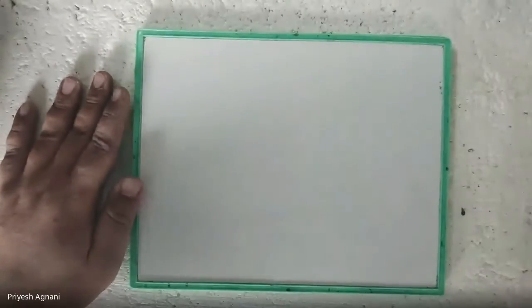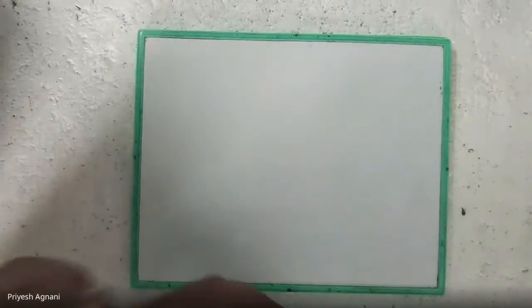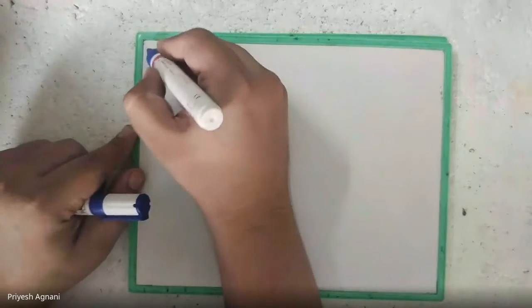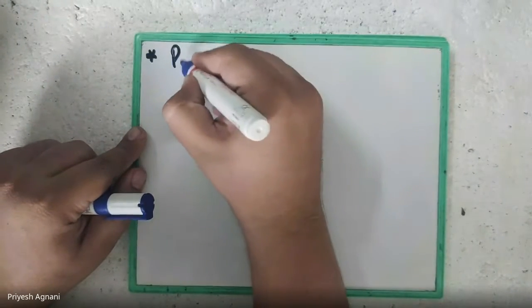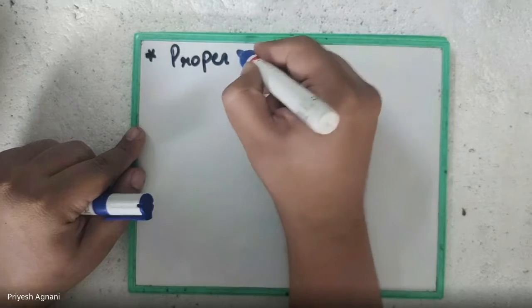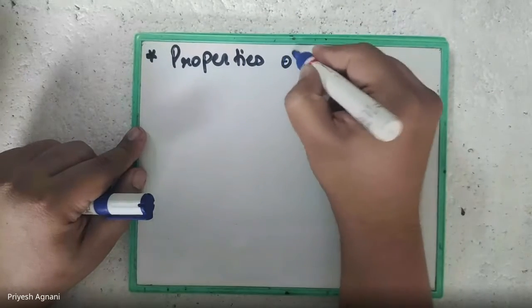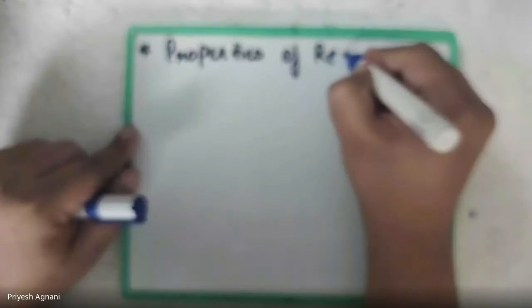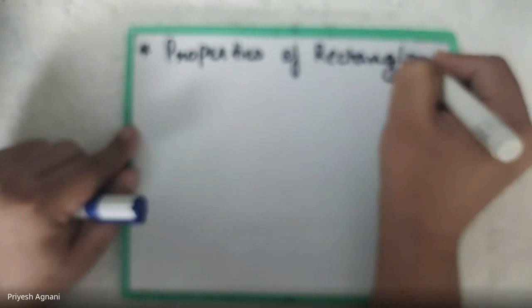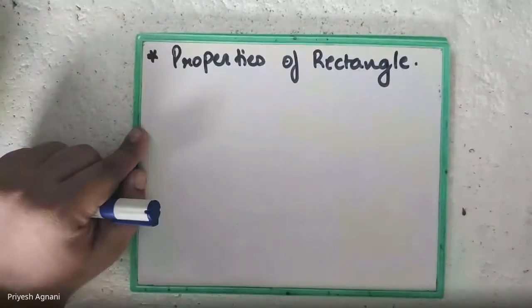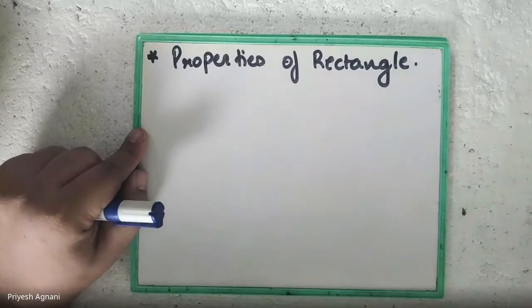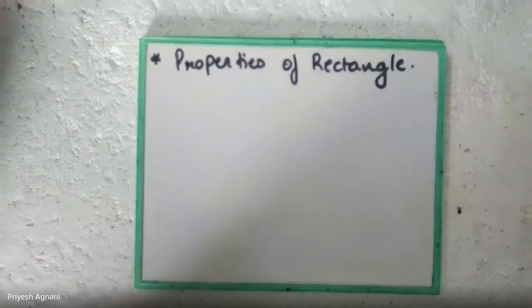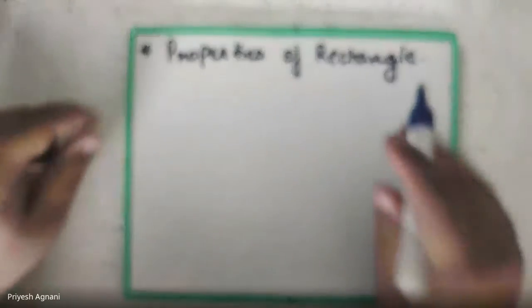Next, we come down to the topic properties of a rectangle. Please write it down. Properties of a rectangle. The first one, we'll write down point wise.